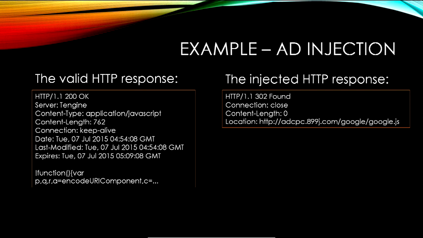And the right one is the injected response, which is a 302 redirection to another JavaScript in a different domain that simply redirected the user through a series of affiliate ad networks until it reaches Google's ad network. And there, of course, the user is served with an advertisement, and we assume that the injector benefits from this advertisement in some way.